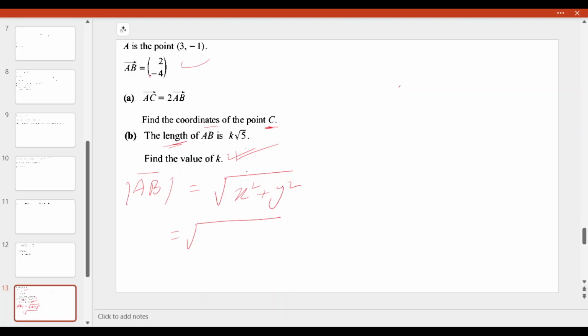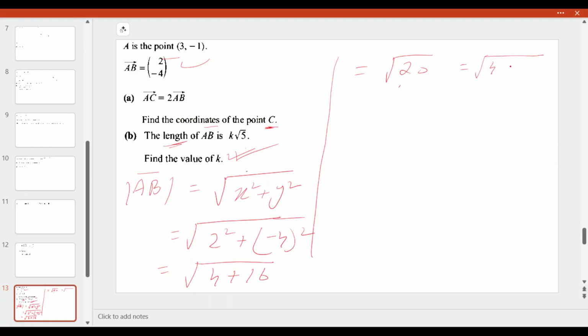This is vector AB, so this 2 is the x coordinate, so 2 squared, plus, and this minus 4 is the y coordinate, minus 4 squared. 4 plus 16 is equal to under root 20, and we can break it into 4 multiplied by 5, which can also be written as under root 4 times under root 5 in surd form.